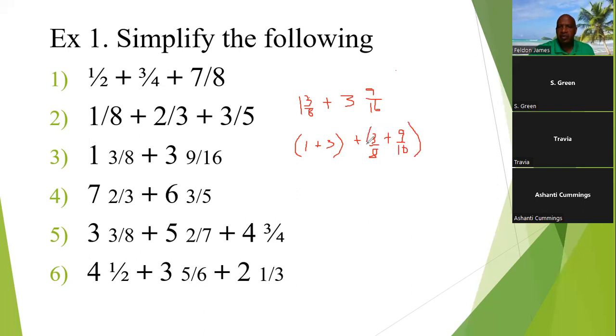And so when we add the whole number part, Miss Cumming, what did we get? Miss Cumming? 4, sir. Right. And then now what about the fractional part? What do you notice about the denominators, are they the same?